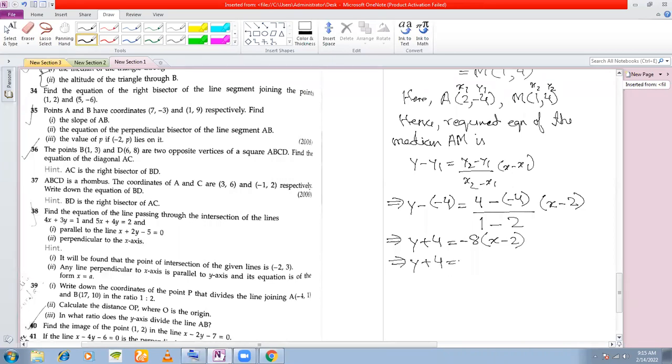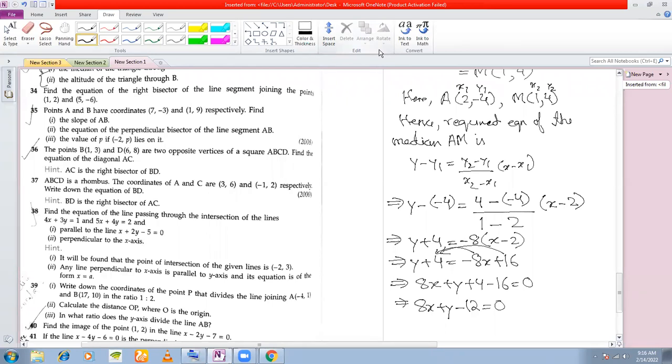And y plus 4 is equal to minus 8x plus 16. Take 8x on this side and 16 also on this side. You get 8x plus y plus 4 minus 16 is equal to 0. So you get 8x plus y minus 12 is equal to 0. And that is the required equation of the median AM.